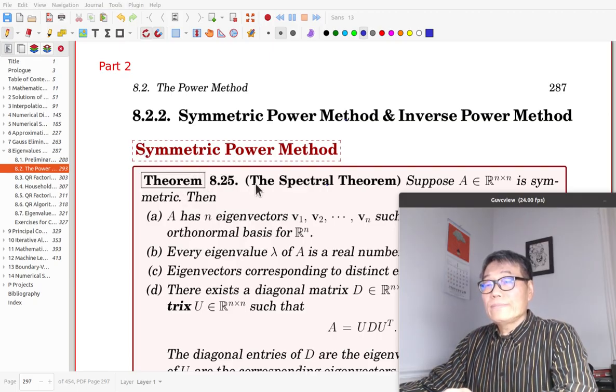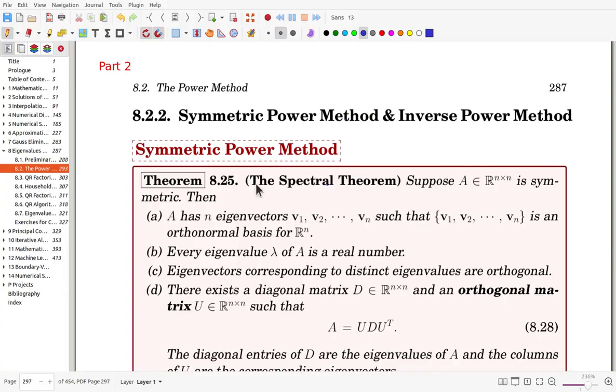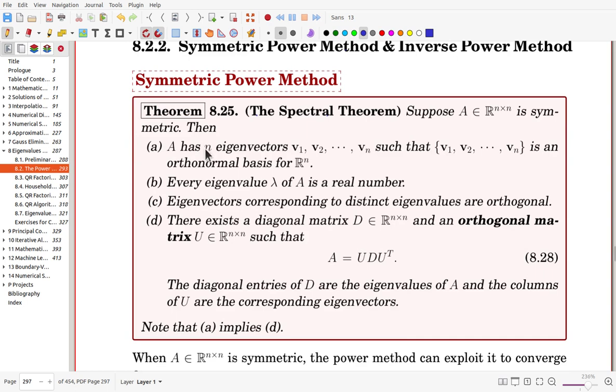We have a theorem called the spectral theorem. Suppose a square matrix A is symmetric. Then we have these properties.